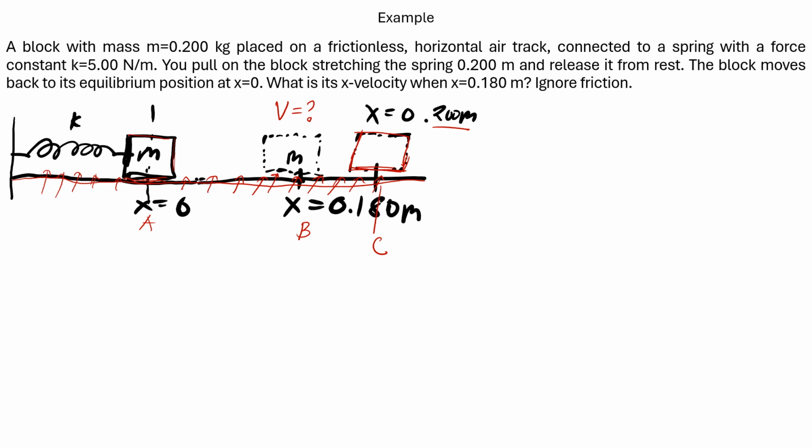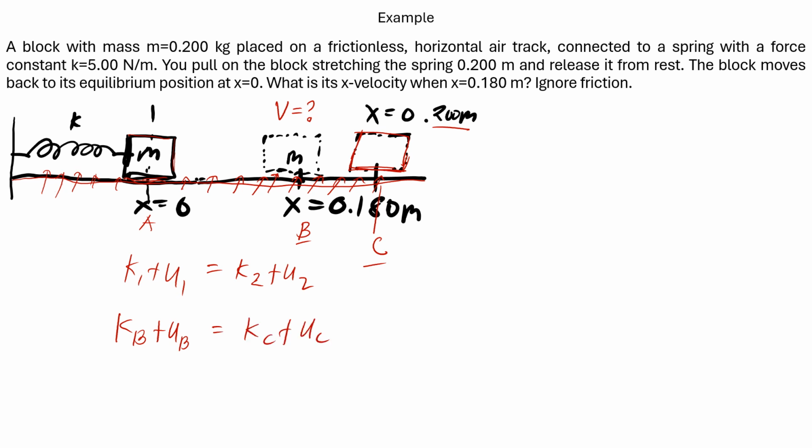So you can just retain the formula K1 plus U1 equals K2 plus U2, or using our points here, we can write it as KB plus UB is equal to KC plus UC.